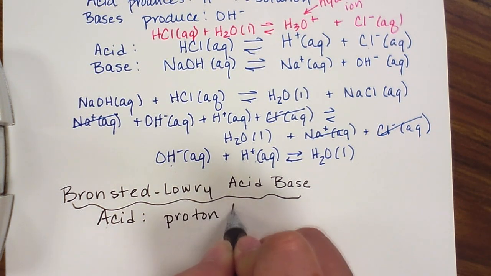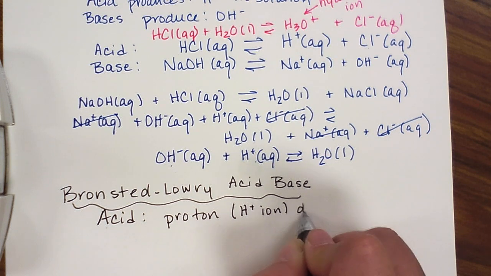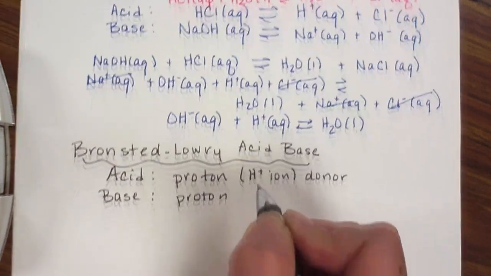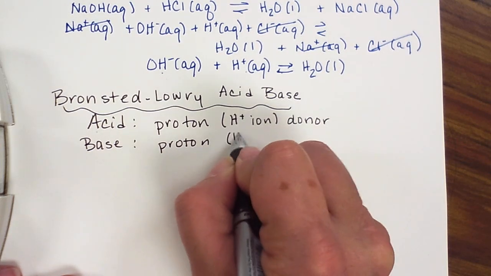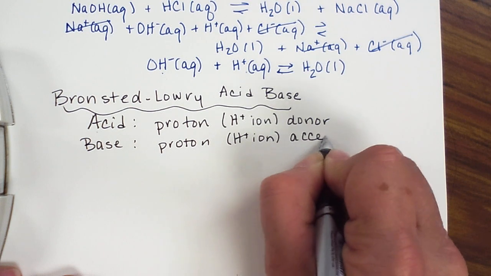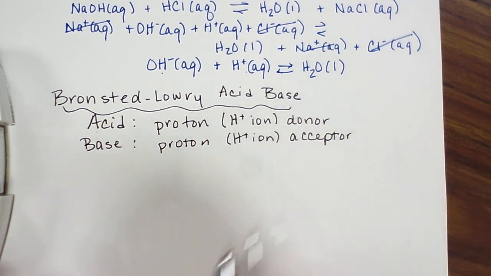So proton being H plus ion, donor, and then the base is considered to be a proton, H plus ion, acceptor. So one might say, oh, well, that's kind of the same. Sometimes they're the same, sometimes they're not, but the point is that in the end, it looks different.